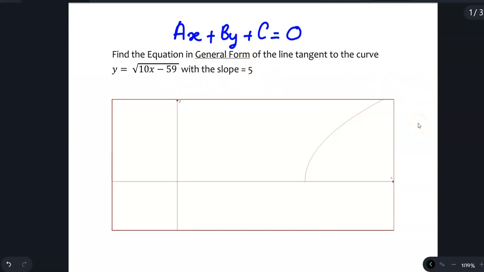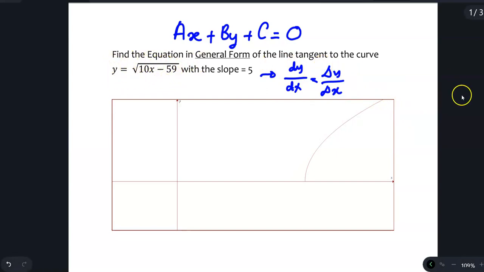So the definition of the slope is this, okay, dy over dx, or the change in y divided by the change in x, or rise over run. So in this case, we should find the derivative of this function.